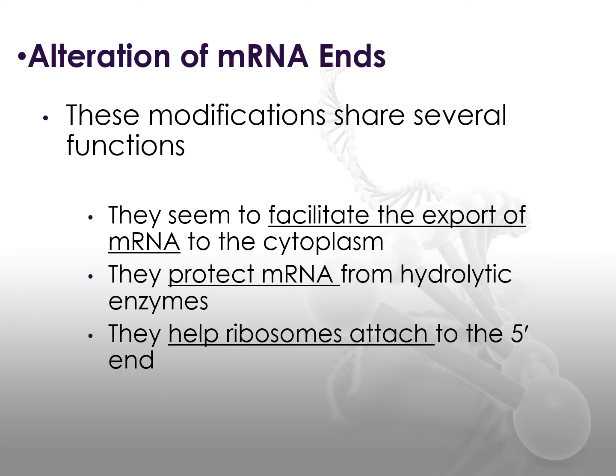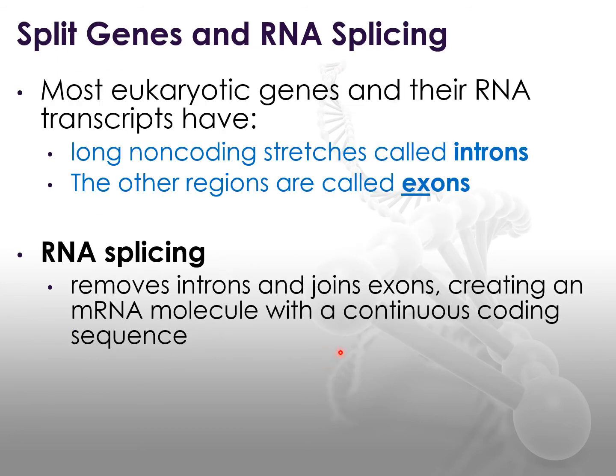Now, there's one more modification that's discussed in your textbook, and it's called RNA splicing. Where it occurs is first in eukaryotic cells. Okay, so eukaryotes do the RNA splicing. In the DNA, or ultimately transcribed in the RNA, are regions called introns and exons.